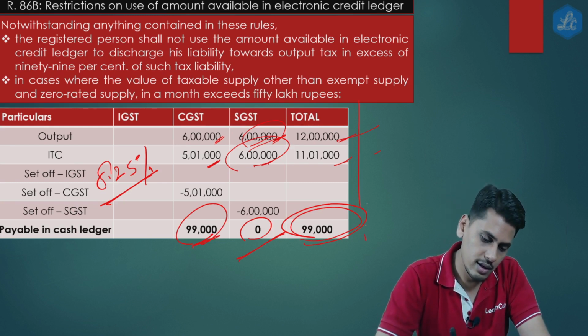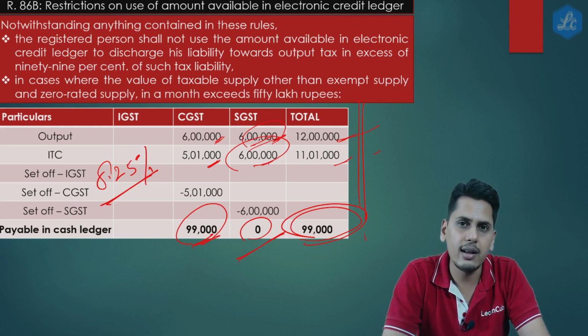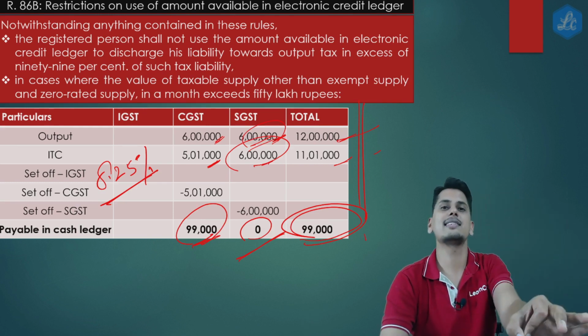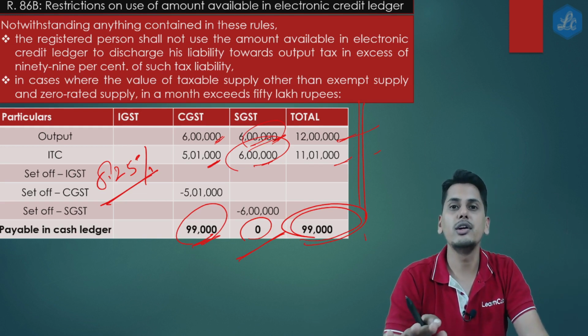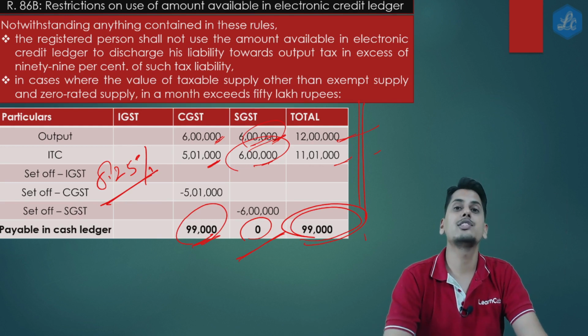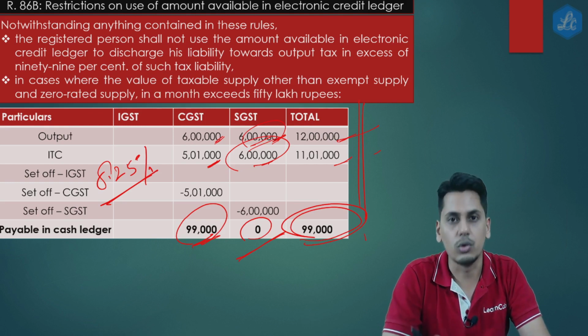So friends, the question which remains, the entire discussion what we have had, the moot question is only this: whether rule 86B needs to be applied headwise or it needs to be applied in toto.